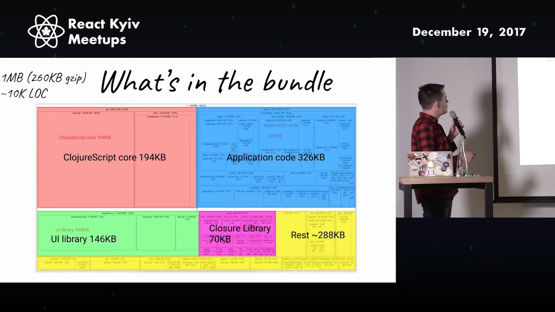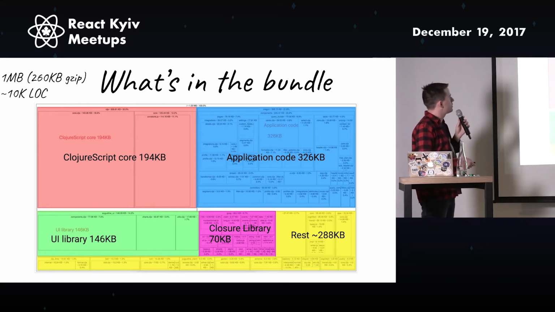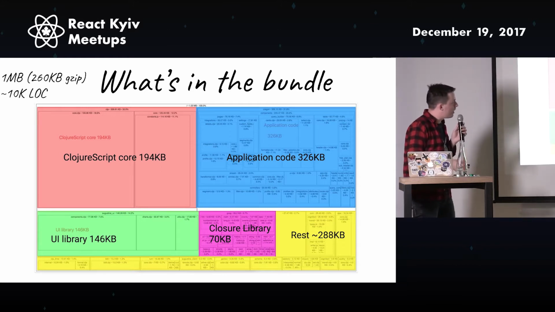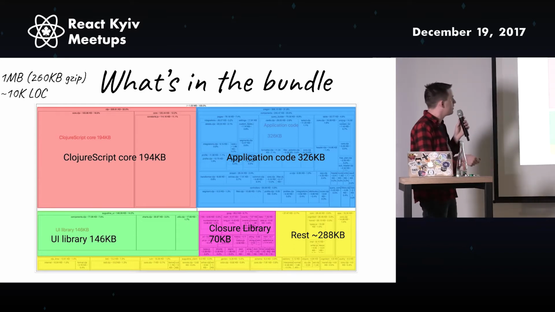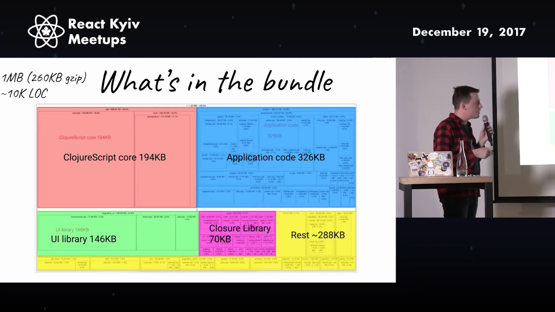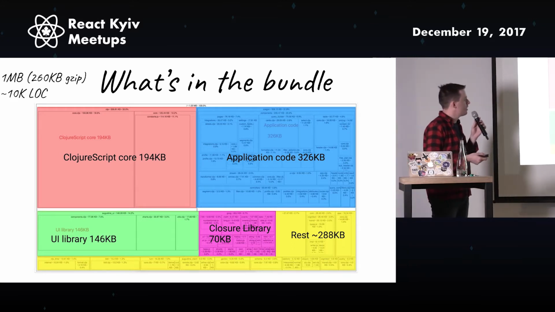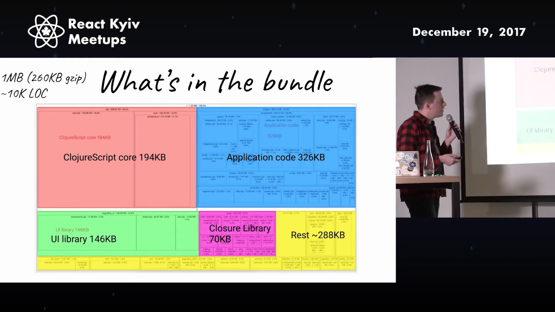And this particular project is around 10,000 lines of code, or 1 megabyte of generated JavaScript, or 260 kilobytes gzipped. And out of this 1 megabyte, we have around 200 kilobytes of ClojureScript runtime, which is all the data structures, because Clojure has its own data structures like set, hash map, list, vector.